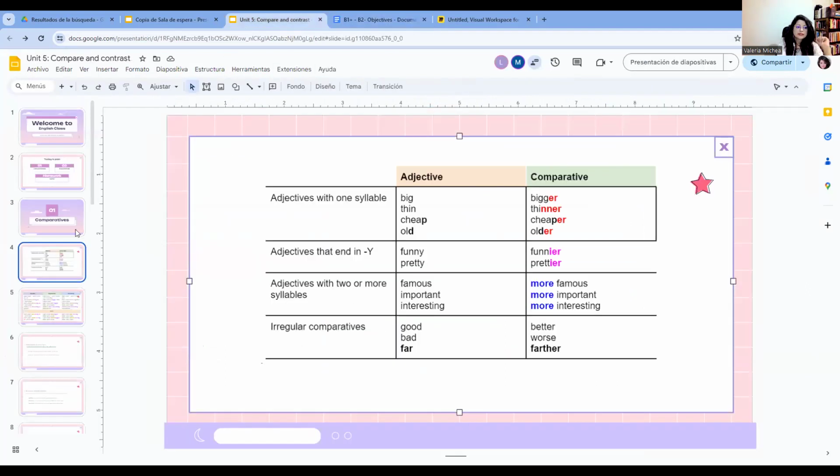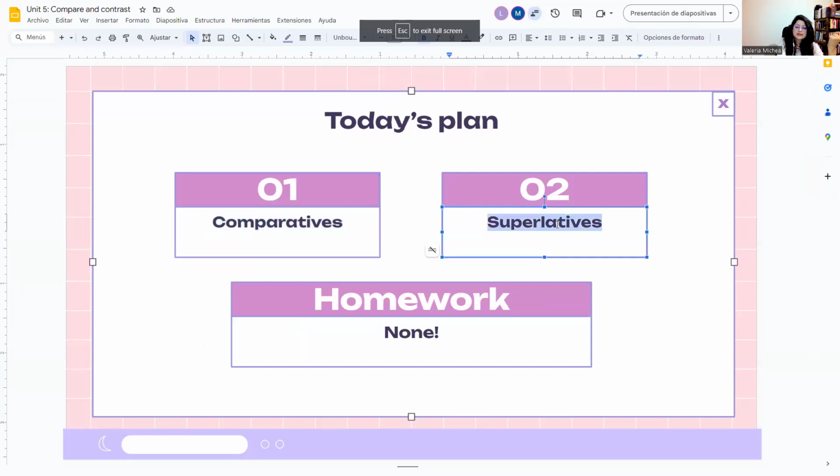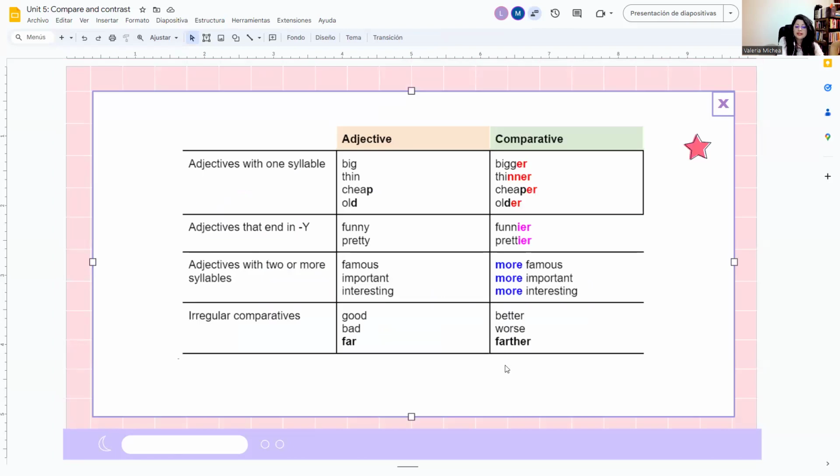And now let's go back to the slides where we know that we are just going to be working on comparatives and superlatives. So we have the comparatives here. And what I told you about the comparatives, like the basic rules that we need to keep in mind, is that when we have short adjectives, usually only one syllable adjectives, what you need to do is to add ER to your comparative form.